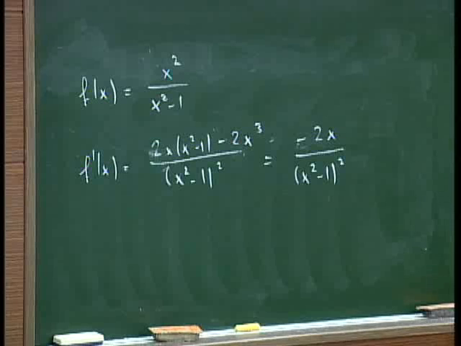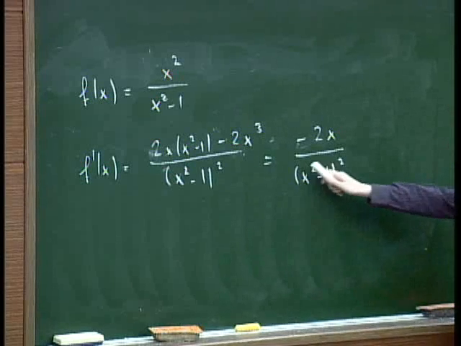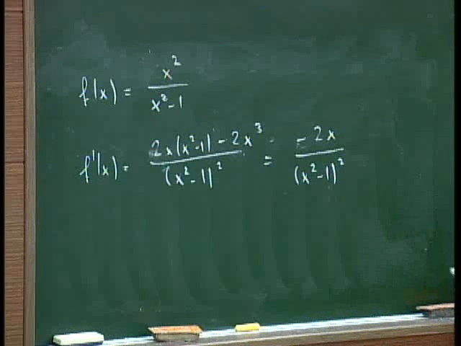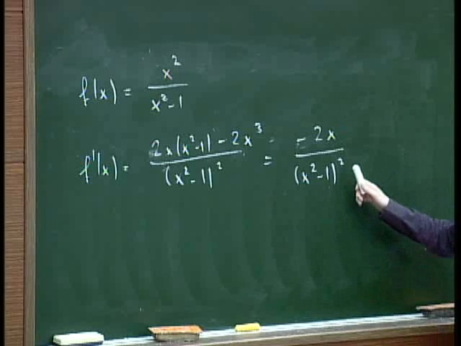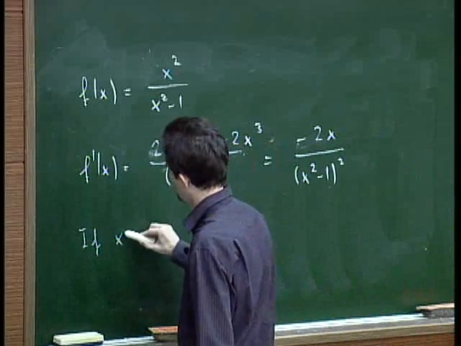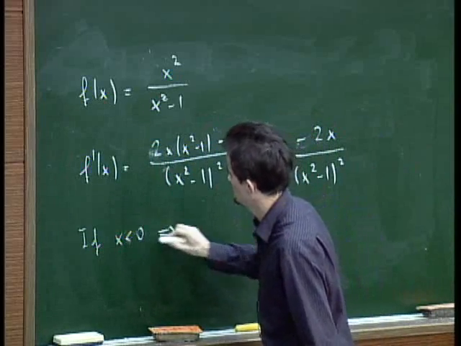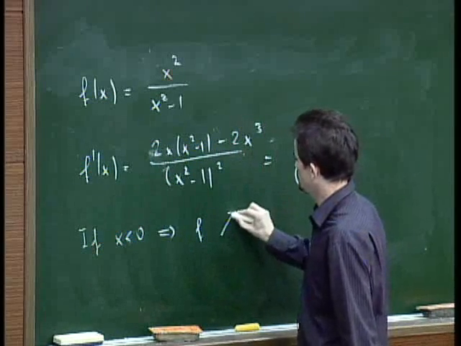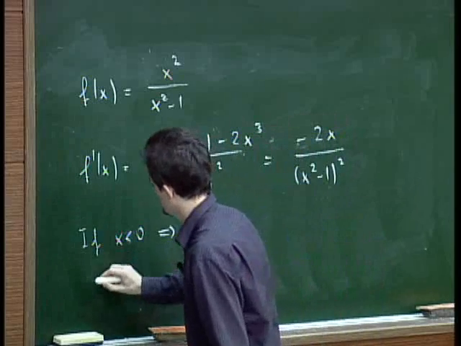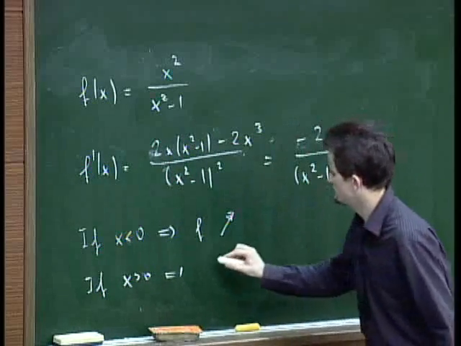If you look at the derivative, because the denominator will always be larger or equal than 0, if x is smaller than 0, then the function is increasing. If x is larger than 0, the function is decreasing.